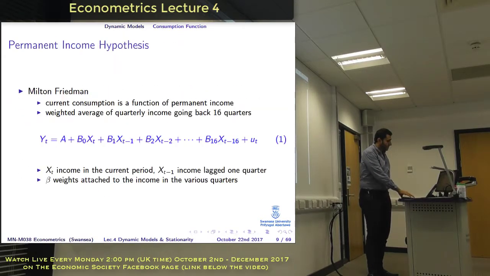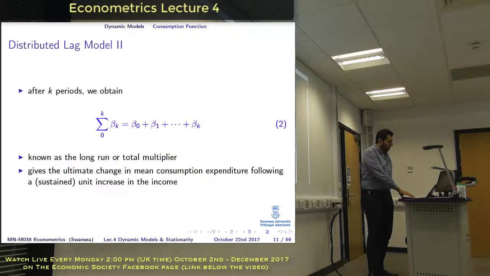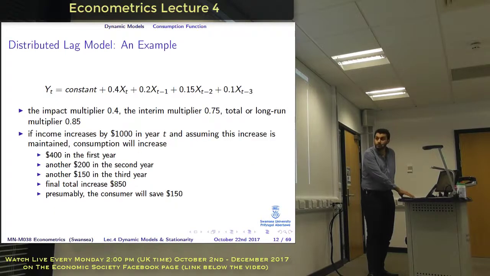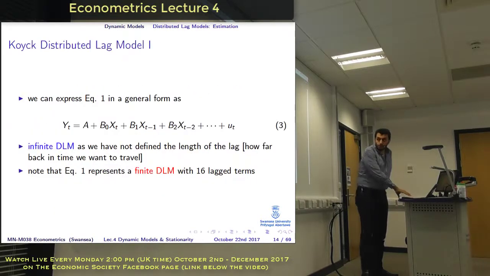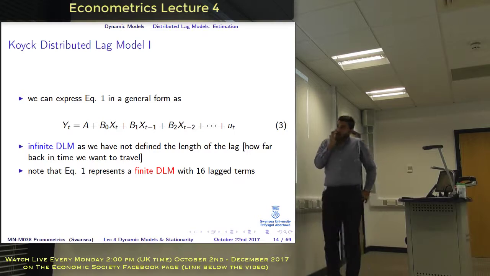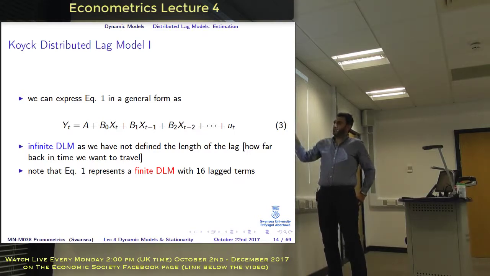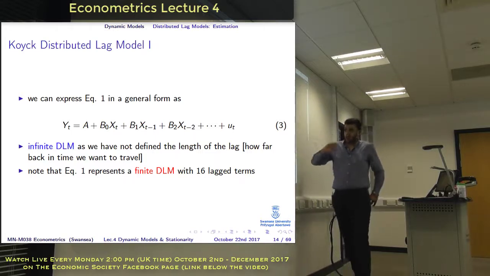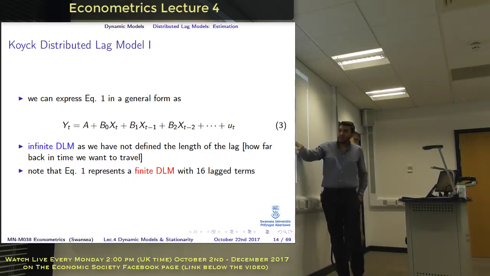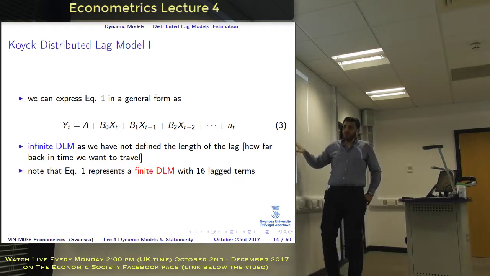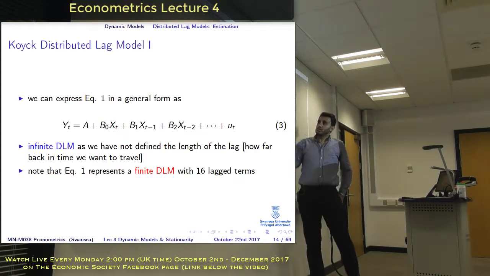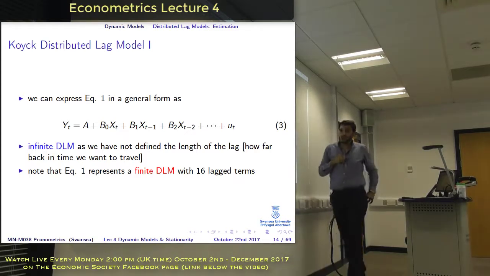But now let's assume we have a more general form of this model, where we have an infinite number of lags. We didn't define the length of the lag, so we didn't decide how far back in time we want to travel.